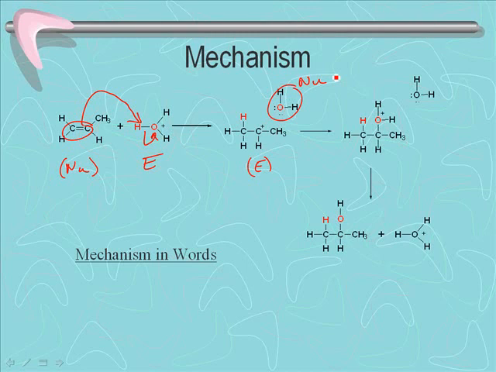And one of the lone pairs on the oxygen attacks the carbon of the carbocation, leading to a new species that now looks very much like an alcohol, but it has an extra hydrogen on it. So we refer to this as a protonated alcohol, or alternatively the conjugate acid of an alcohol.